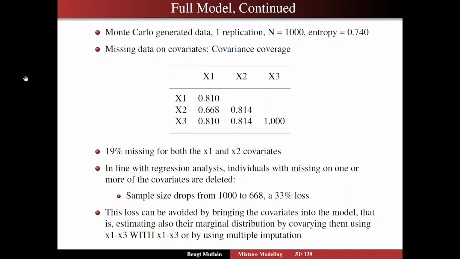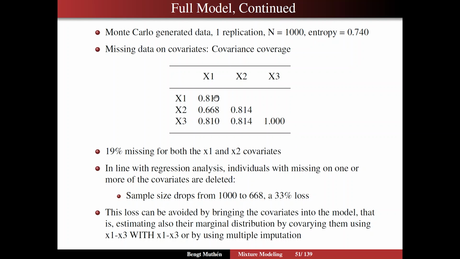Slide 51 takes a look at the Monte Carlo generated data. That's the distal.dat data set again, where the sample size is 1000 and the entropy is 0.74, moderate entropy. And in the output, you will see that we have missing data on the covariates shown by the covariance coverage output.